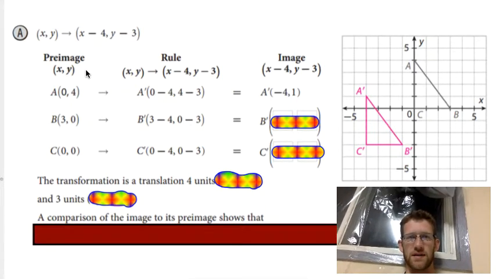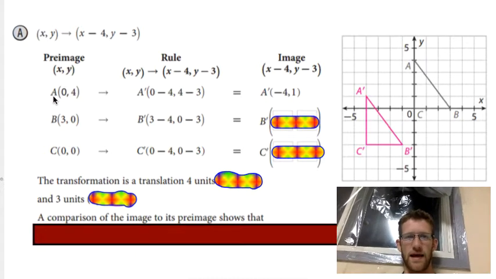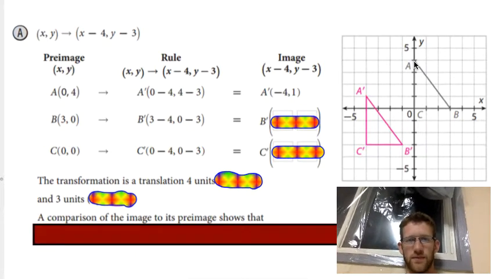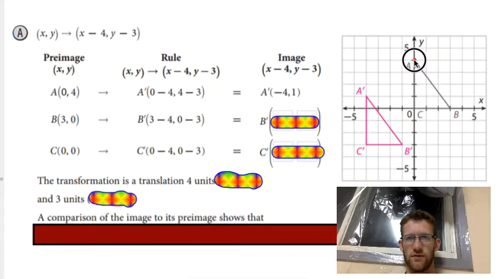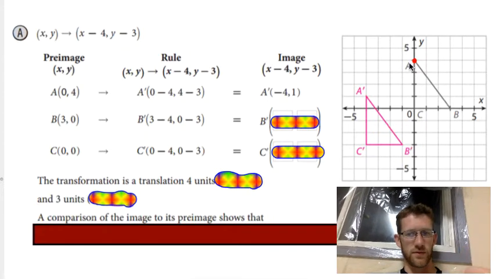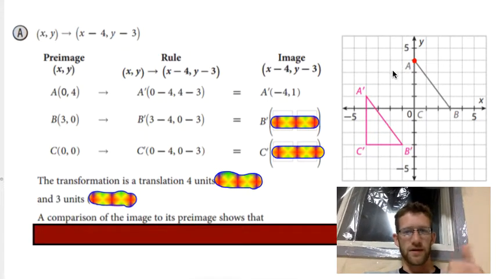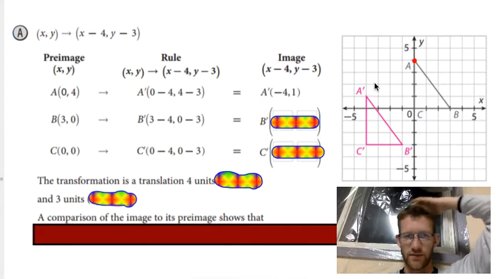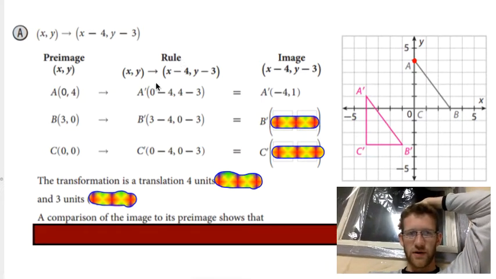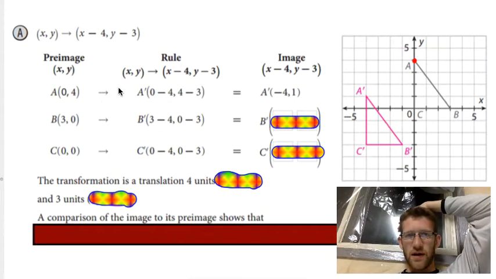So the book has some examples here. We'll call point A this point there. It's at the coordinate 0, 4, right? 0 on the x-axis, 4 on the y-axis. You guys with me? Good. I know it's stuff from last year, but you can probably do it. We're going to apply our transformation.